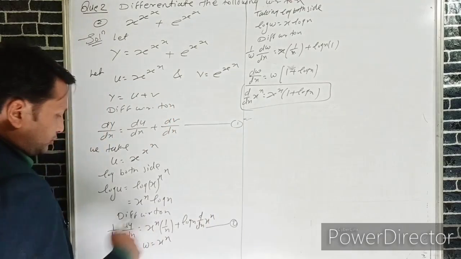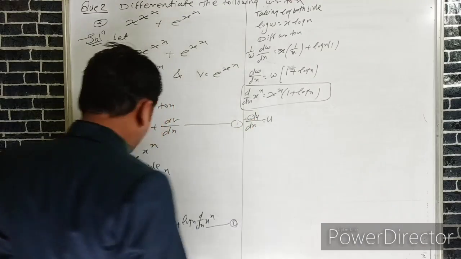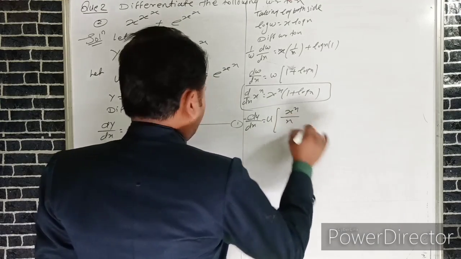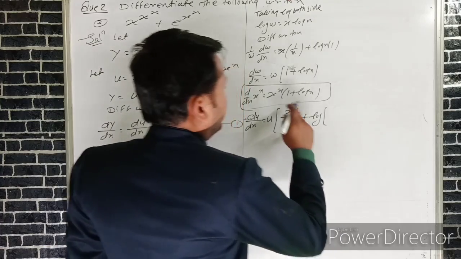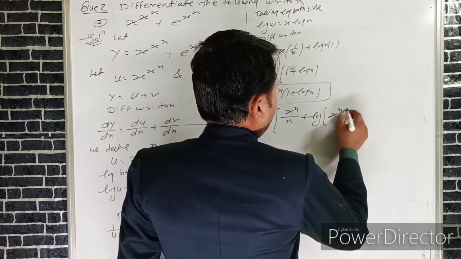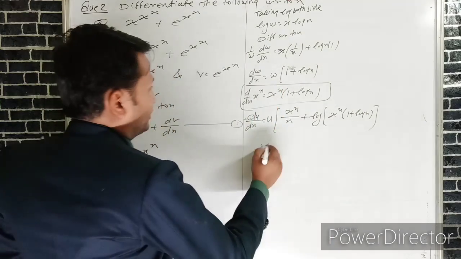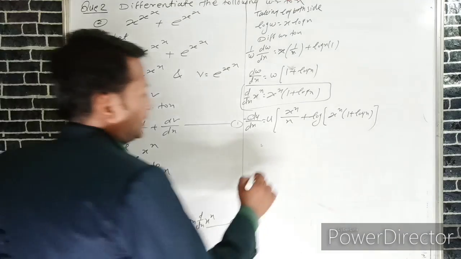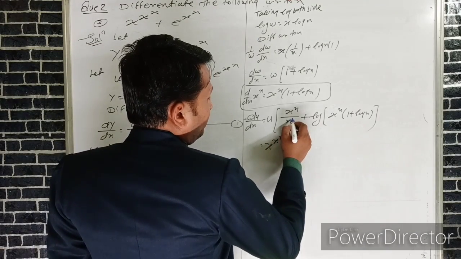if we shift this u to the right side, then we get du upon dx is equal to u into x raised to the power x upon x plus log of x raised to the power x into 1 plus log x. Here the value of u is again x raised to the power x raised to the power x, then we can write x raised to the power x raised to the power x into, here the power of x is 1.